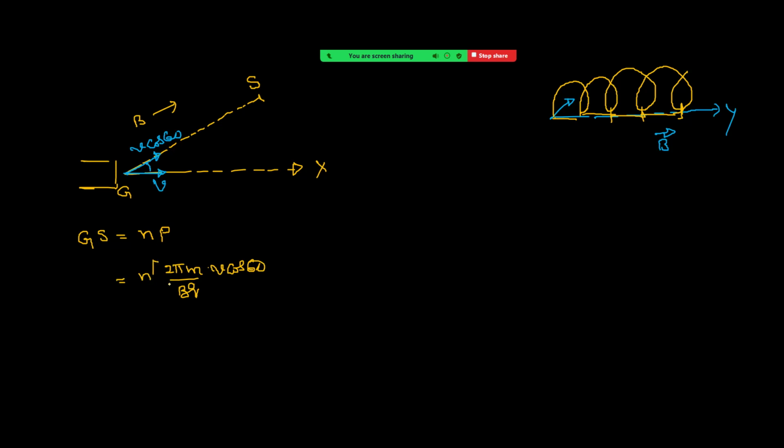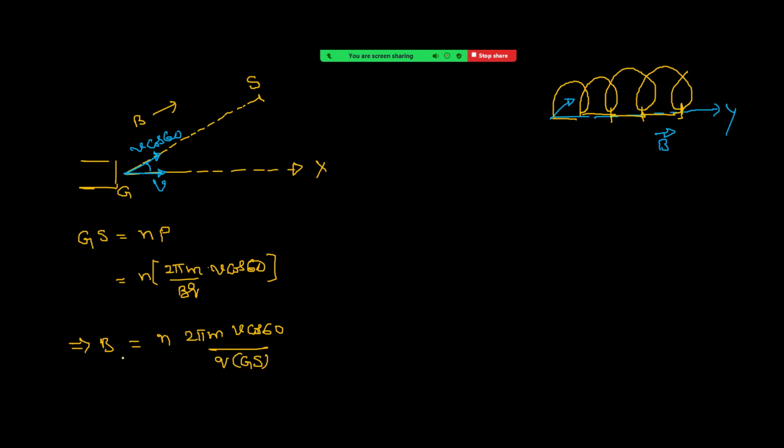So this is giving us pitch. From this, see what we get for the B value. So B equal to N into 2 pi m into V cos 60 upon Q into GS.